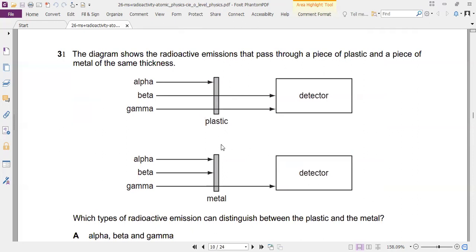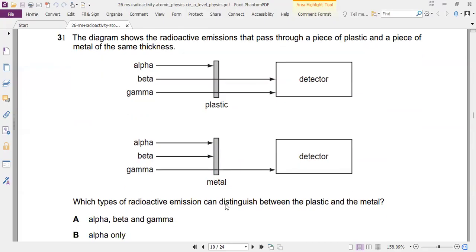Well, we want to know which type of radiation is coming through. We place a plastic sheet, it stops alpha particles, but we still get the radiation. And then we place a metal sheet. So what changes from plastic to metal is that beta particles are stopped. So plastic and metal can distinguish beta particles.